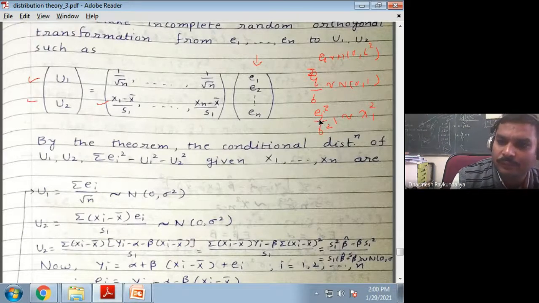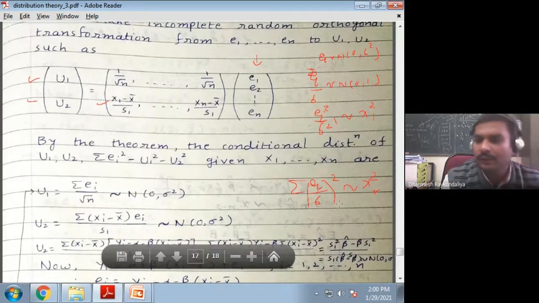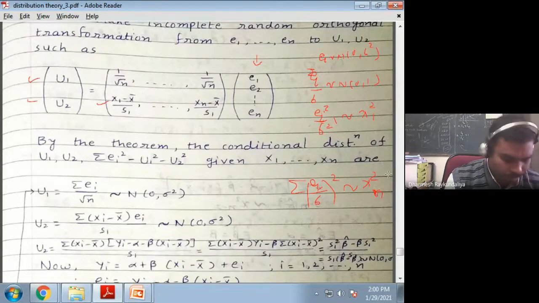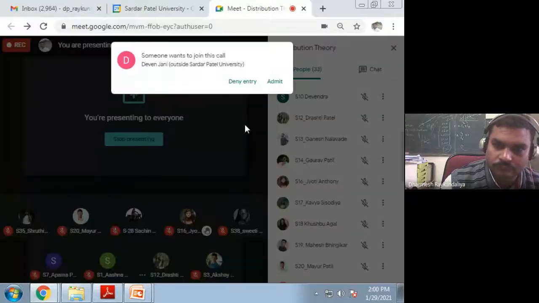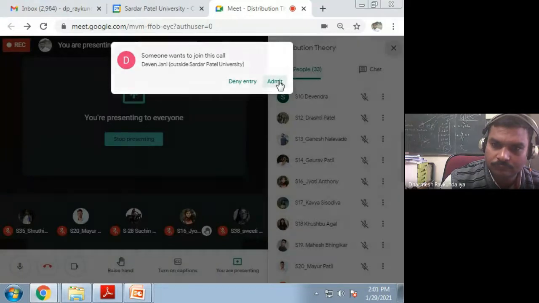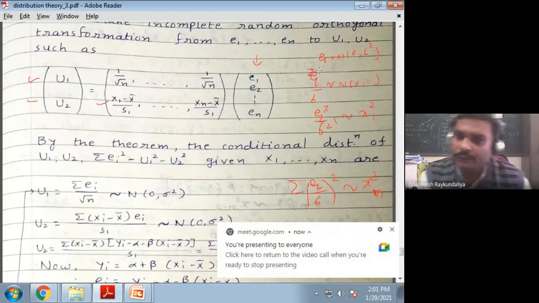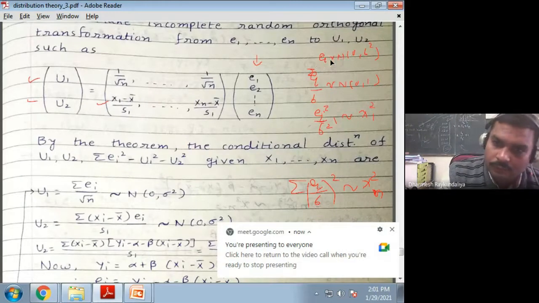We have n observations. So the sum of ei upon sigma whole square is chi square with n, because all the ei's are independently distributed.